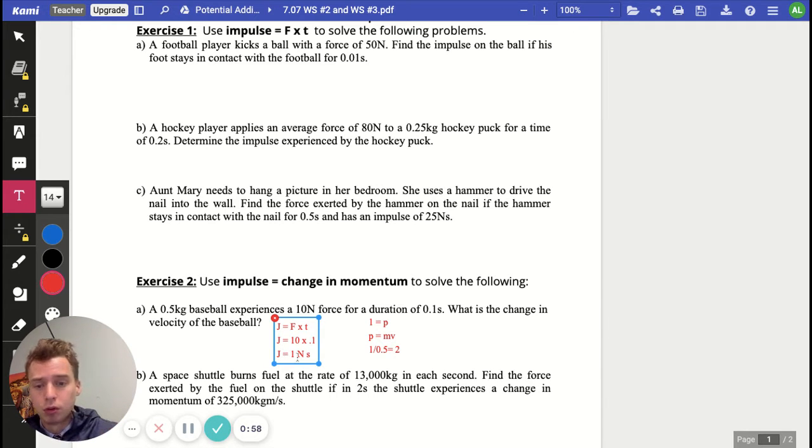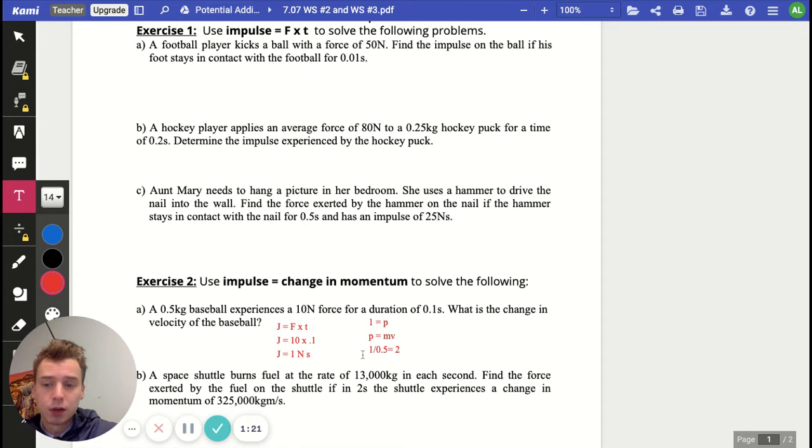So there's my impulse. If I know that impulse is also equal to the change in momentum, then I know 1 is my momentum, right? And if I know momentum is P equals mv, or momentum equals mass times velocity, and the mass of the baseball is 0.5 kilograms, I can rearrange this equation and get P divided by mass.